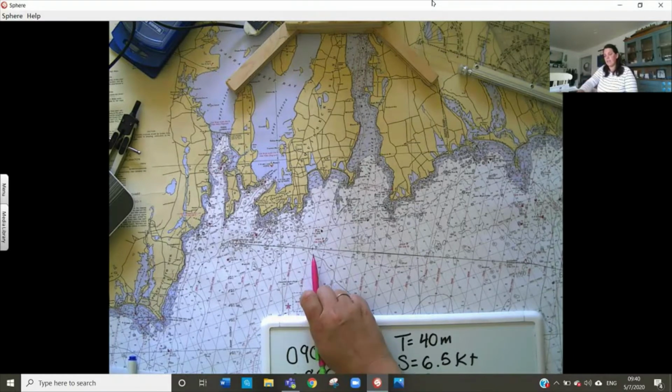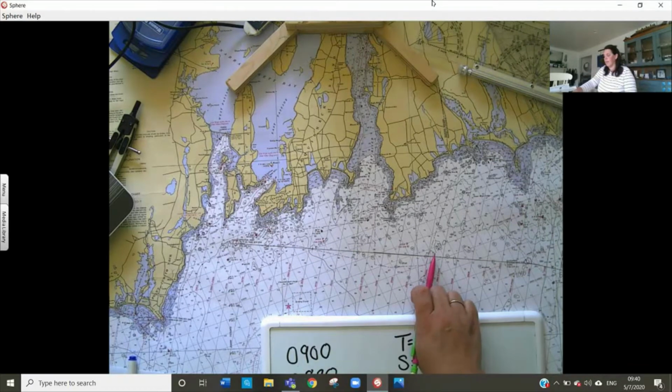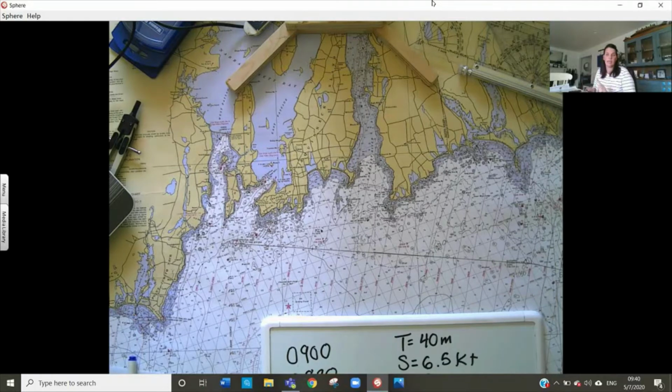So now that I have my 0900 position, it will be easy to get my 10 o'clock position because it's 1 hour. And a knot is a nautical mile per hour. So if we are going 6.5 knots, we would go 6.5 nautical miles in 1 hour. So I'm going to get 6.5.